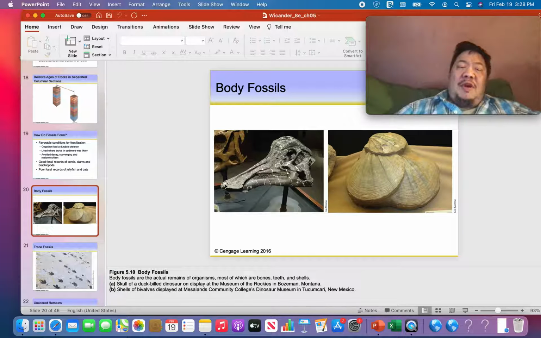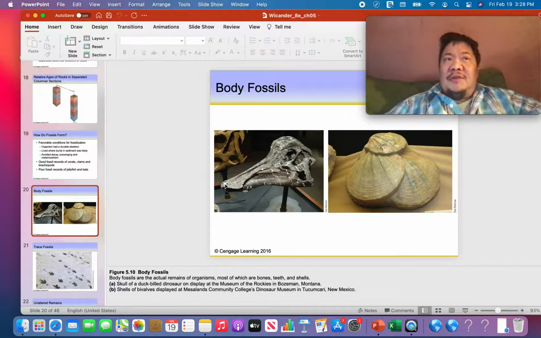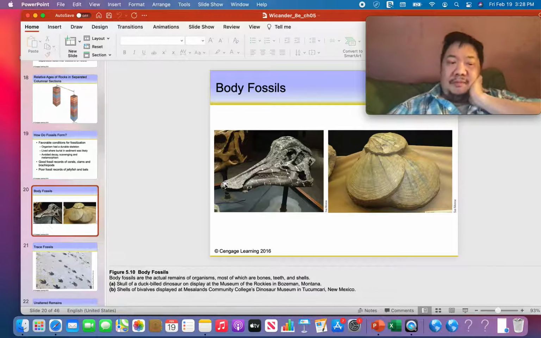Now let me ask you a question now that you know how fossils are formed. Do you think we have a good geologic record of the evolution of worms? Think about it for a moment. No, because worms don't have hard body parts, and therefore they're almost never preserved.